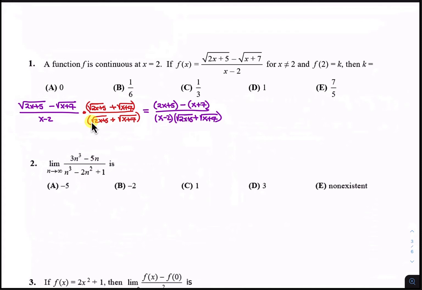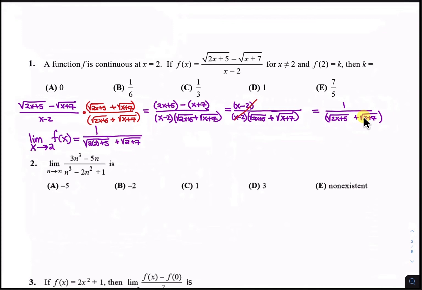And in the denominator, we have x minus 2 multiplied by what's in the parentheses here. Now let's simplify the numerator. 2x minus x is just going to be x, and then 5 minus 7 would be negative 2. So we end up with x minus 2 on the top. That will cancel with the x minus 2 that's on the bottom, and that leaves us with 1 divided by this expression. Now we can bring back the limit.